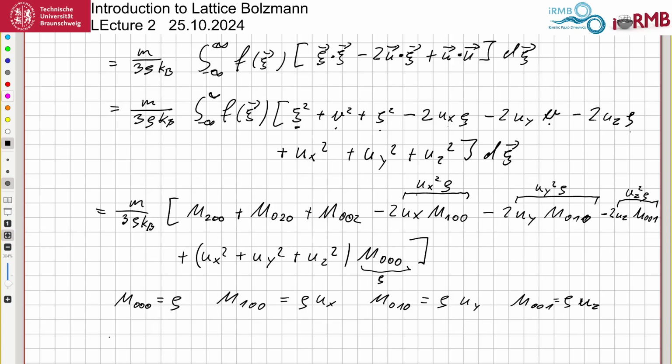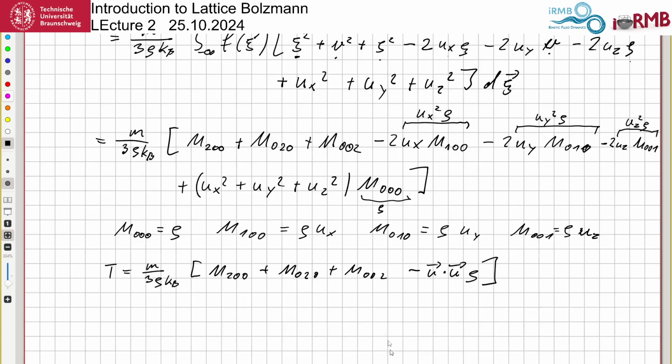So that in the end we have T is equal to 1 over 3 rho k Boltzmann, and we end up with m200 plus m020 plus m002, and now minus only, we can combine this again to this vector u times rho. So now what you can identify is that the temperature is the second order moments minus the kinetic energy.